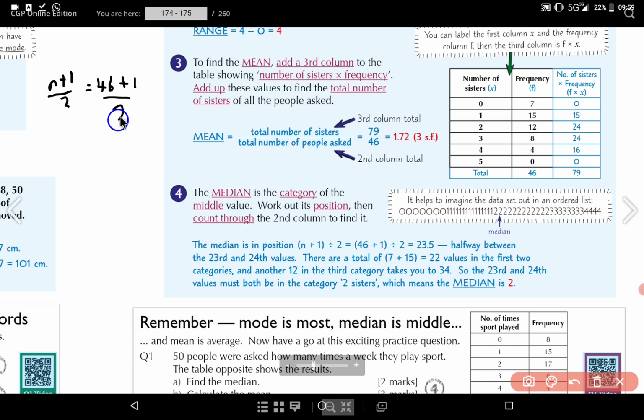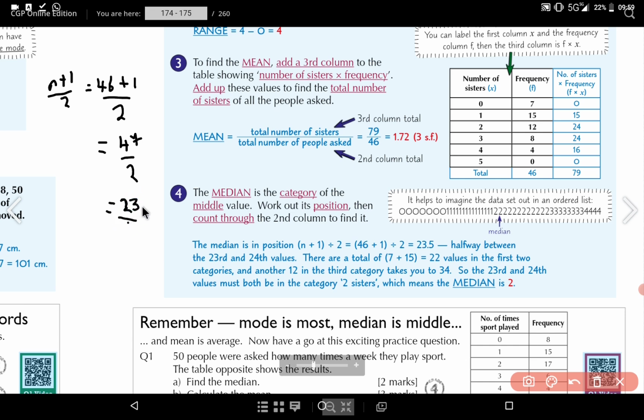This will be 47 over 2. This will give us 23.5.